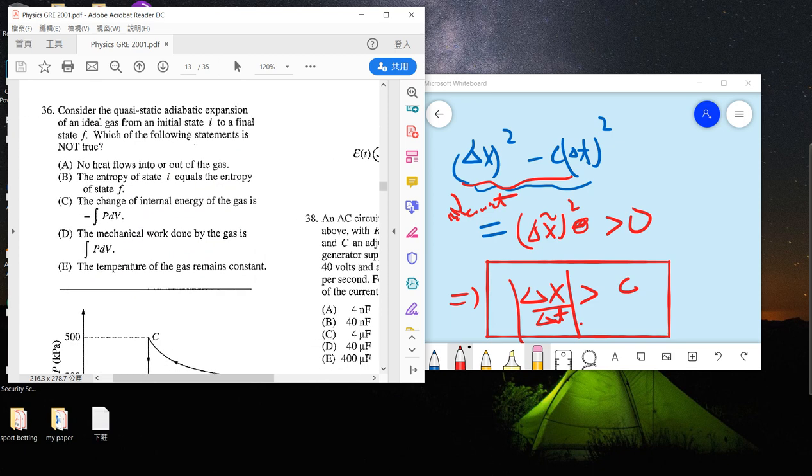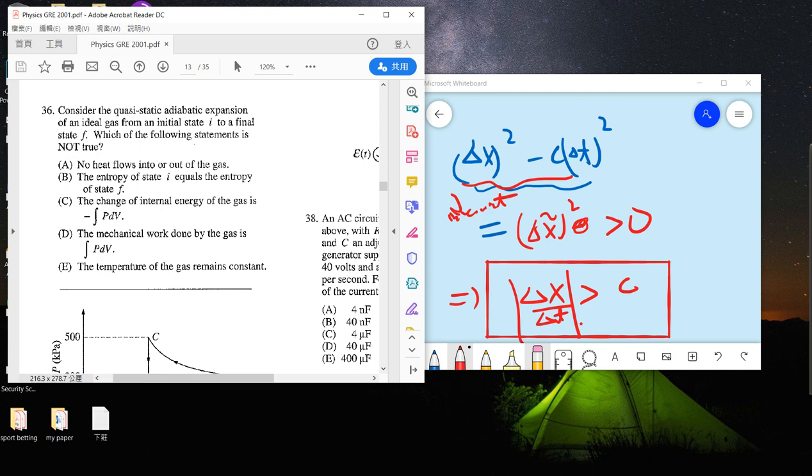Okay, 36. Consider a quasi-static adiabatic expansion of a gas, which of the following statements is not true? First one, no heat flows in or out of the gas. This is called adiabatic; this is the definition of adiabatic. B, entropy is the same.